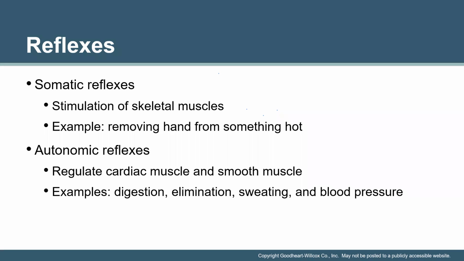So your heart, maybe your bladder, your stomach, your vessels. We have specific cells placed in specific areas in order to detect either pH changes or pressure changes. That's going to stimulate responses within the body that you don't even have to think through. This could be so that you can regulate your blood pressure when you go from sitting to standing.